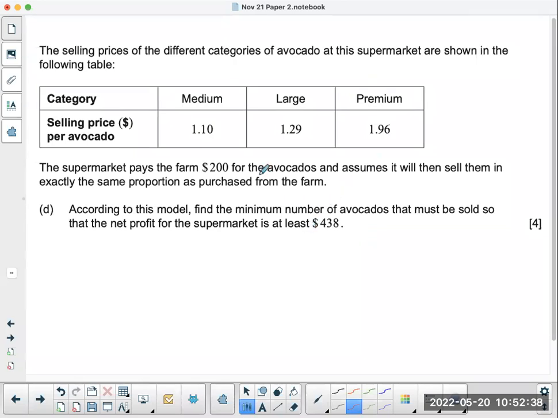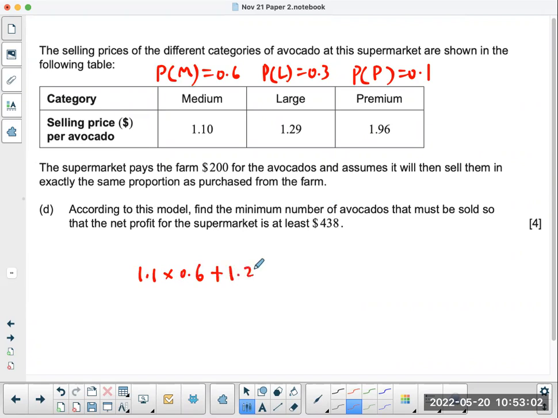Okay, so here we have to find the probability. So it's the probability distribution here. So the probability of the medium is 0.6. The probability of the large was 0.3. The probability of premium was 0.1. So this is going to be 1.1 times 0.6, 1.29 times 0.3, and 1.96 times 0.1.